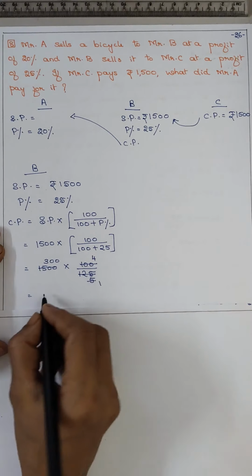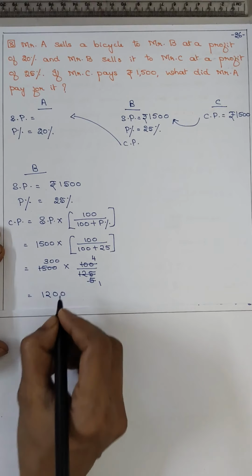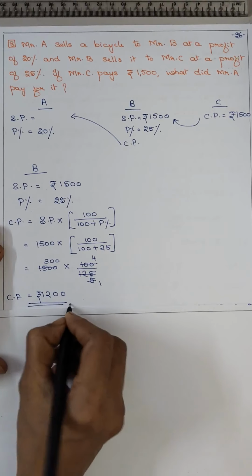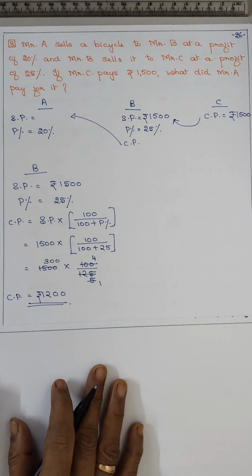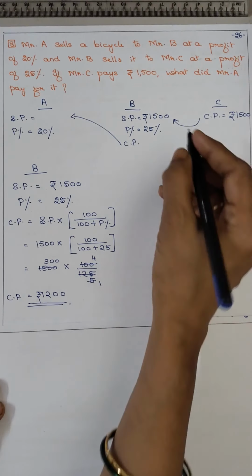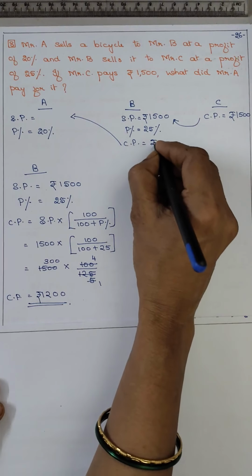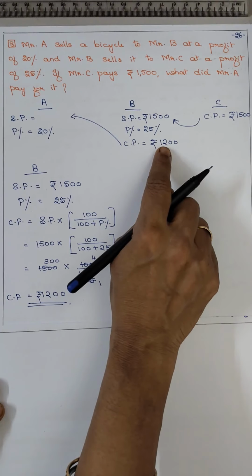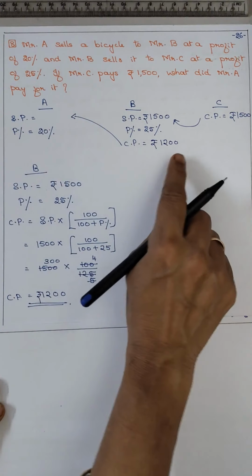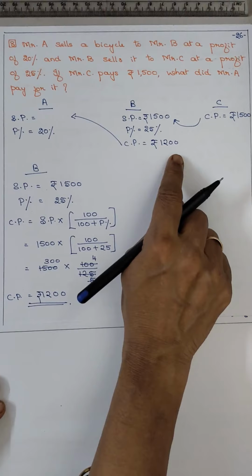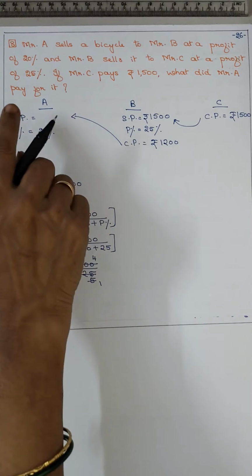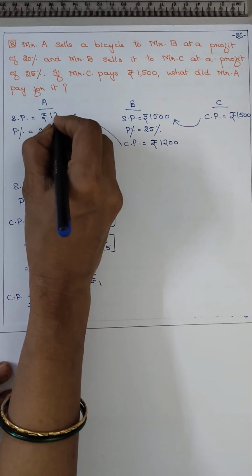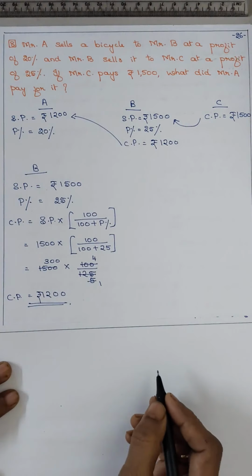So 3 4s are 12 and 2 zeros. So you got CP of the bicycle for B. It will be rupees 1,200. So he bought from A at rupees 1,200. That means A sold it, so it will be the selling price for A.